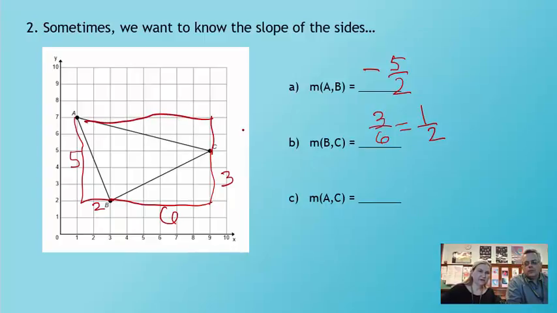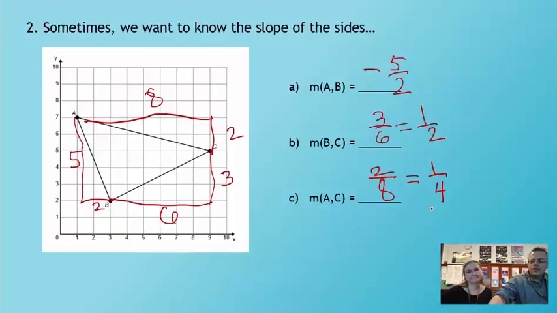Here is my run, so 2 units, and this one is 8 units. I was trying to count 6 plus 2, here's a shortcut. So we have 2 over 8, and again we can simplify this to 1 over 4.